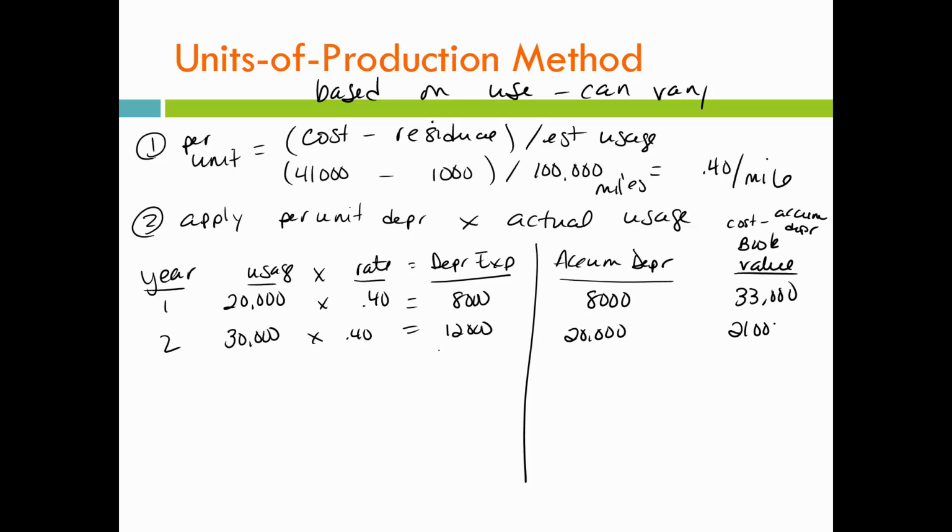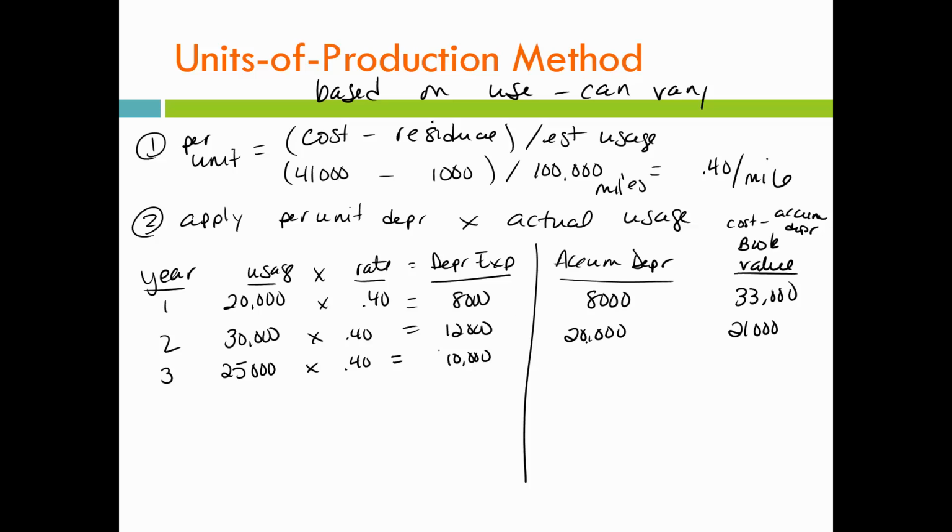So you add them together, and your accumulated depreciation is up to 20,000, which means your book value is down to 21,000. In year 3, I drove the truck for 25,000 miles. Times 40 cents a mile gives me depreciation expense of 10,000. So I add that, and so accumulated depreciation will be the sum of these, or what I had before, plus what I just added.